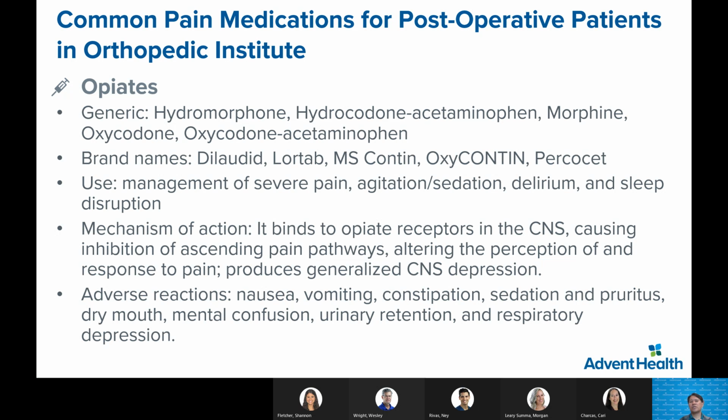As you can see, opioids could affect all the areas of the transmission of pain through the transduction, modulation, and perception of pain. And then the adverse reactions for opiates are vomiting, nausea, constipation, sedation and pruritus, dry mouth, mental confusion, urinary retention, and respiratory depression.